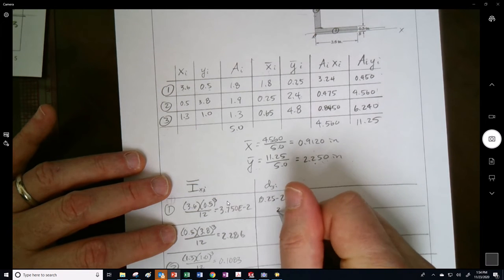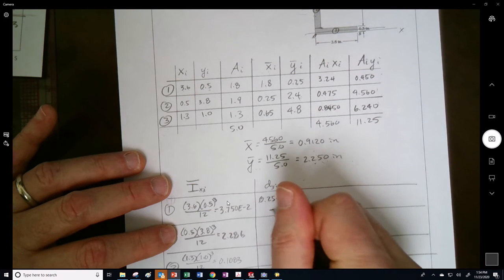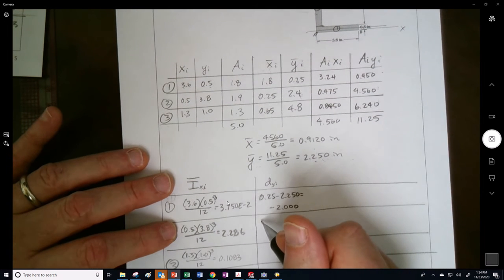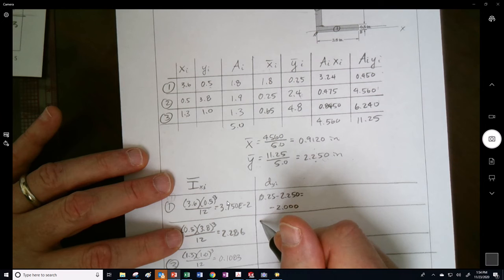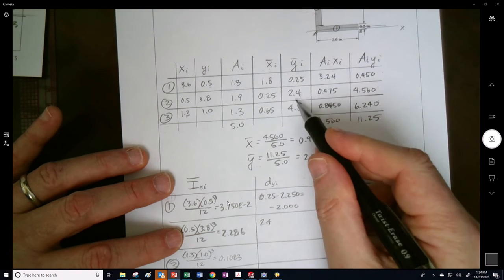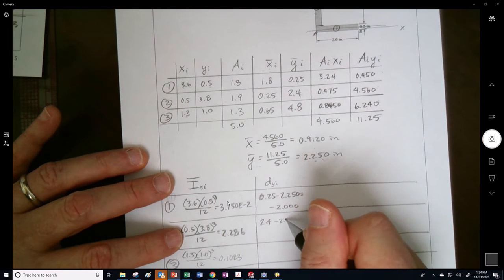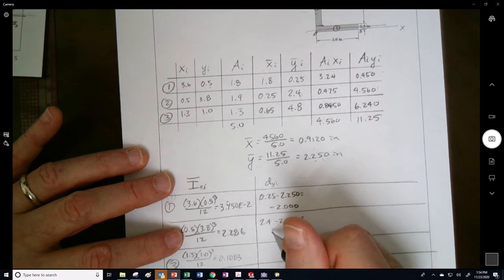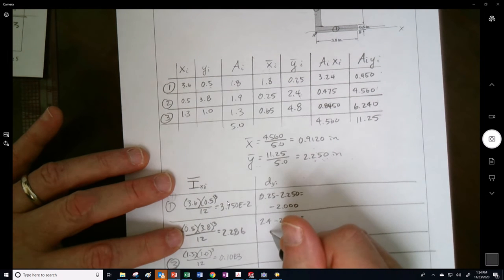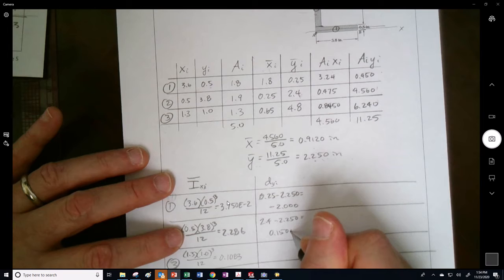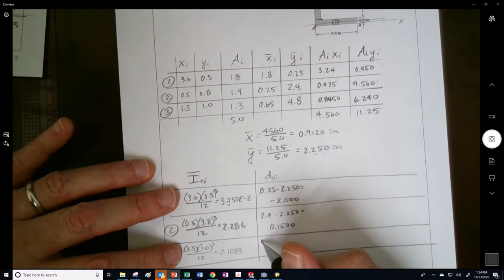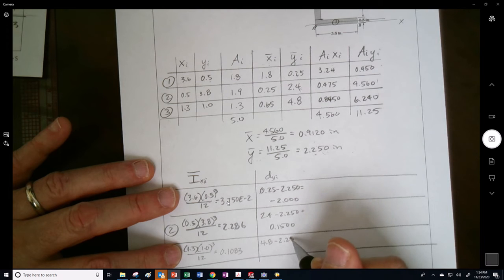It's going to be negative 2 in this case. And then we take 2.4 up here and subtract out 2.25. And that ends up being 0.150. And then we take our 4.8 and subtract out 2.25. And we're left with 2.550.